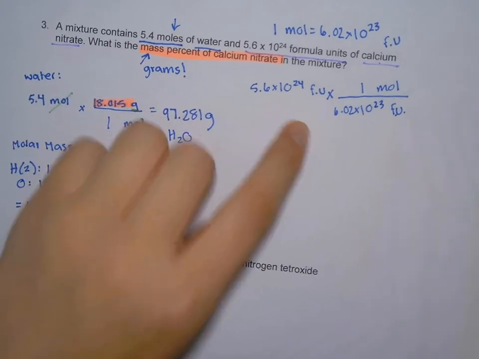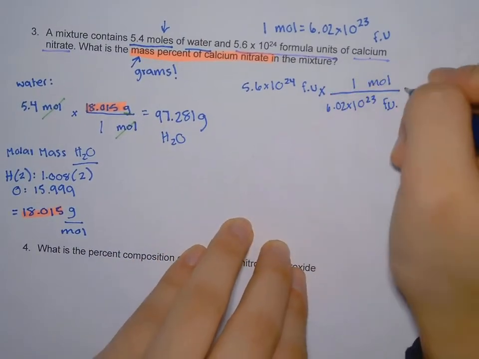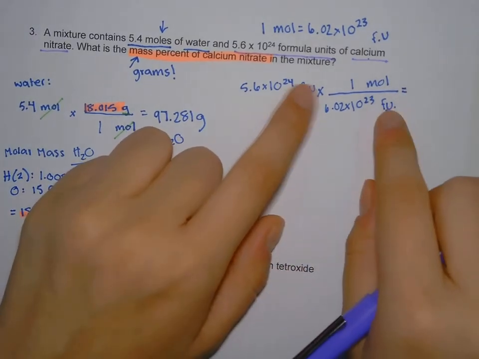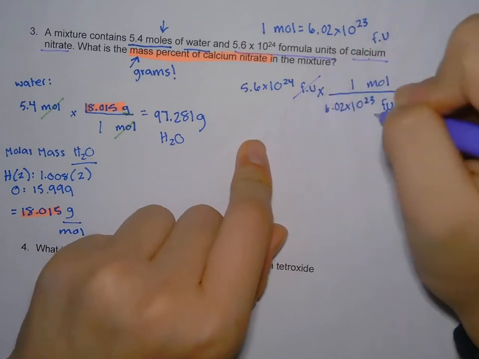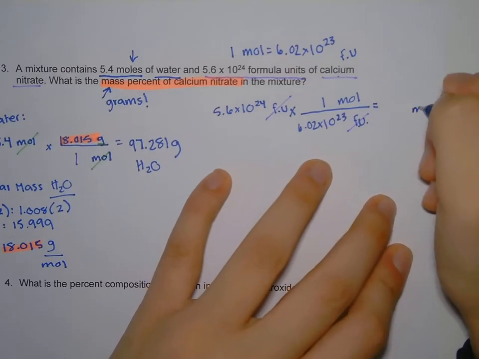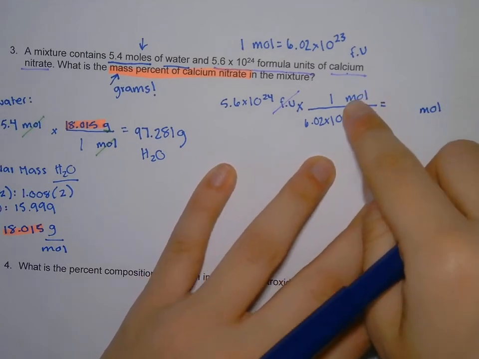top. I'm running out of space here, so I'm going to move to the bottom, but first let me solve this. If I have formula units at the top and the bottom, I'm going to cancel those out, and I am left with moles, because that is the only unit left.